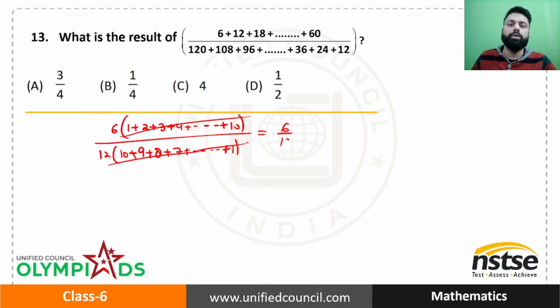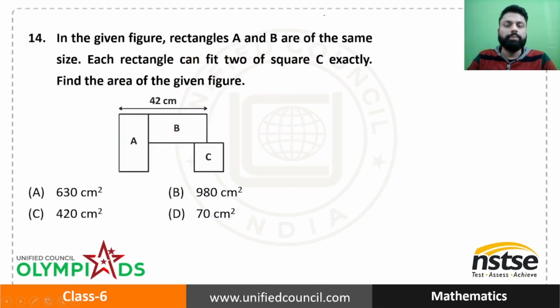So this is 6 upon 12, which is equal to 1 upon 2. D option. See, this is 12 multiplied by 10, this is 12 multiplied by 9, this is 12 multiplied by 8. So every time we can take 12 common, so we are left with 10 plus 9 plus 8 plus till 1. And similarly, this is 6 multiplied by 1, 6 multiplied by 2, 6 multiplied by 3, and so on. So the option is the correct answer.